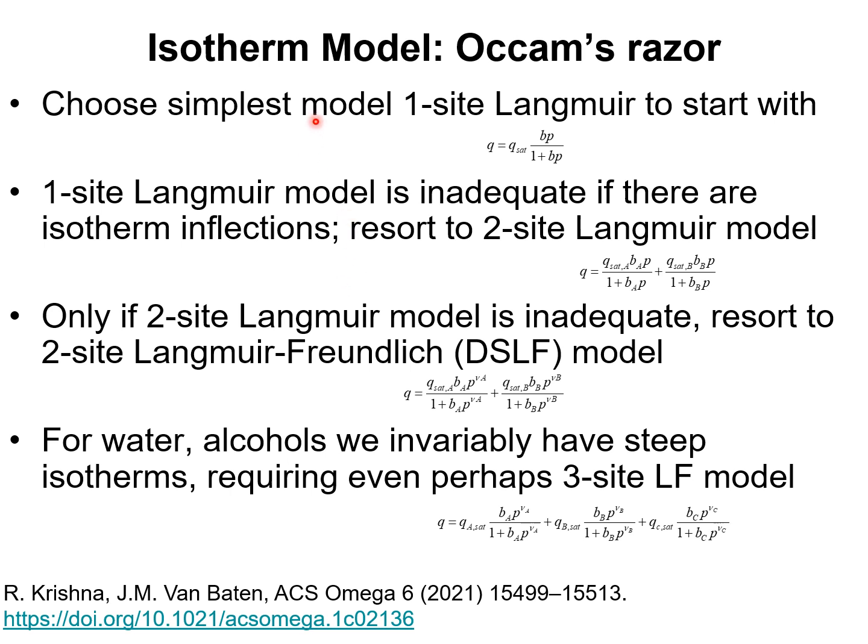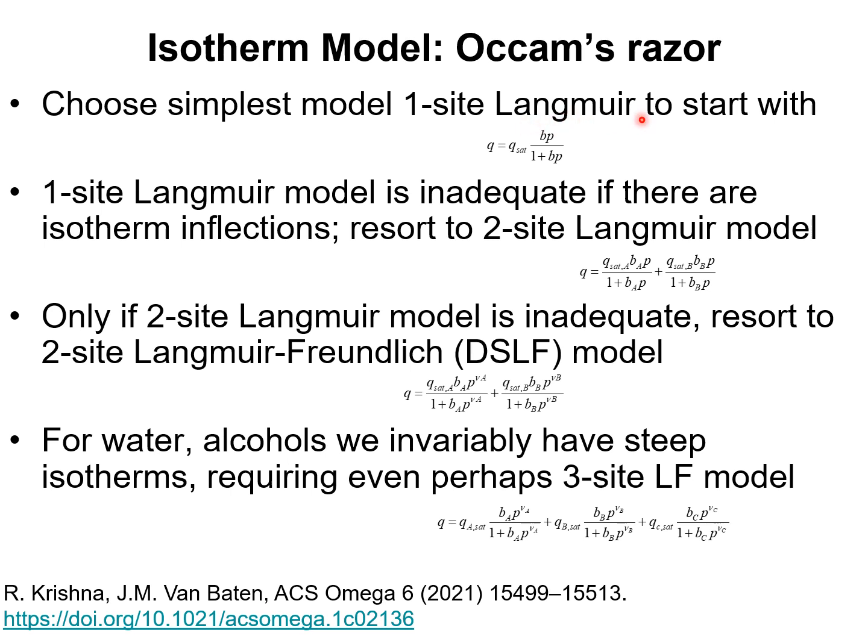I summarize in the slide the philosophy that I adopt in choosing the isotherm model for fitting experimental data on the unary isotherms. Applying Ockham's razor, I start with the simplest model, the single site Langmuir model, as shown in the foregoing two slides for barium RPZ.